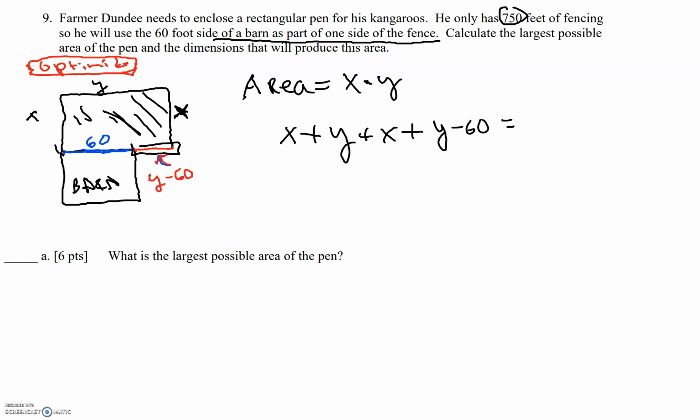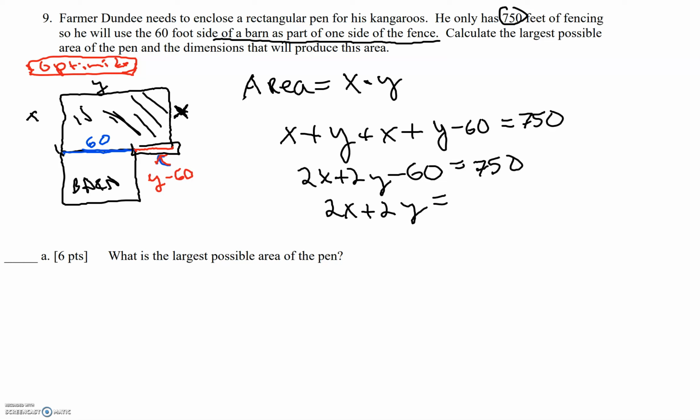All of that gets me 750 feet. Now simplifying, this is 2x plus 2y minus 60 equals 750 feet. Therefore, adding 60, we get 810. Cool, now we have a helper equation.